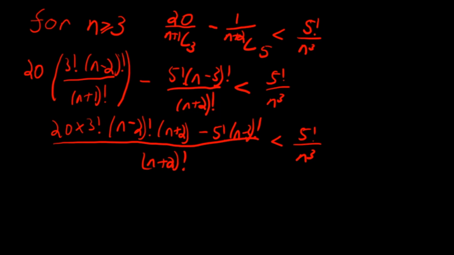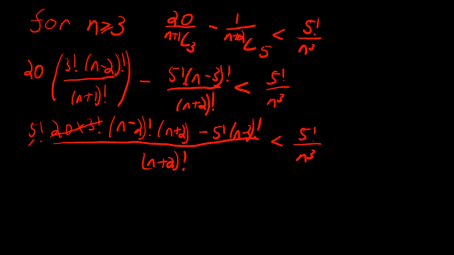So what I then noticed was that 20 times 3 factorial, so 20 is the same as 4 times 5, and so 4 times 5 times 3 factorial is the same as 5 times 4 times 3 times 2 times 1, which is exactly the same as 5 factorial. So this can be written as 5 factorial, and because we have a 5 factorial in each term on either side of the inequality, we can cancel the 5 factorial.